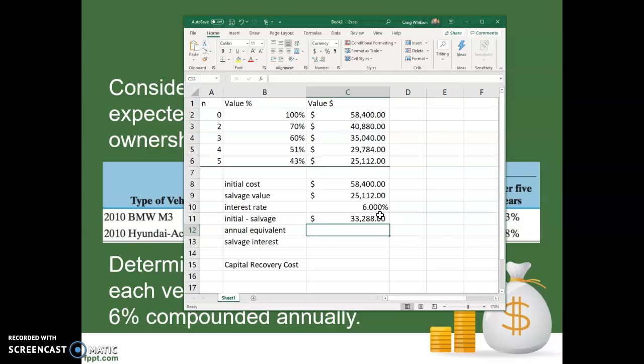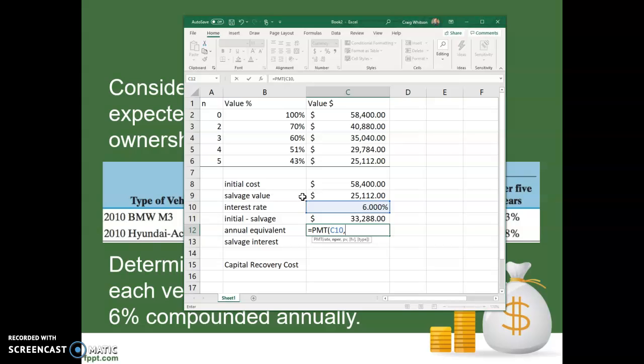Now we would like to take this total amount and spread it out over 5 years. But again, because interest rates are involved, we cannot just take this value and divide it by 5. We need to take this value and calculate its annual equivalence using a payment function. So this is equal to the payment function with inputs of 6% for our rate.